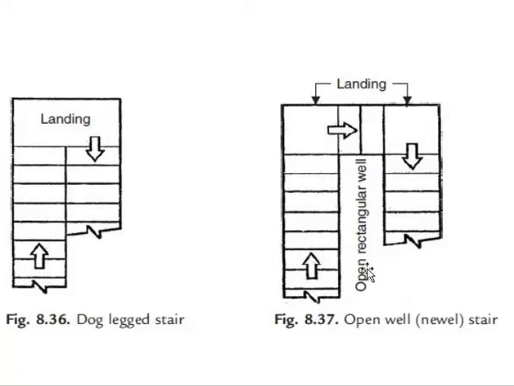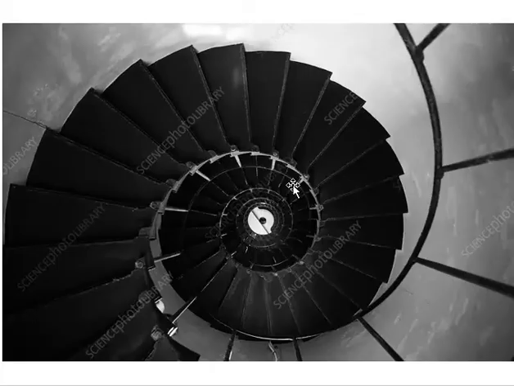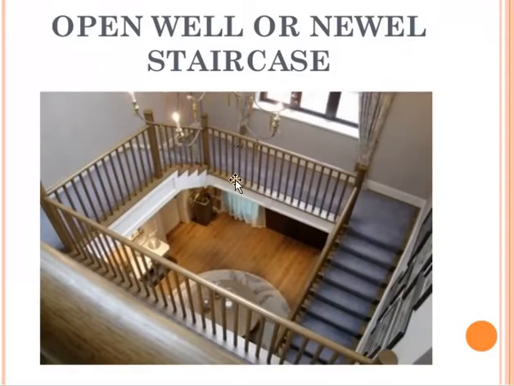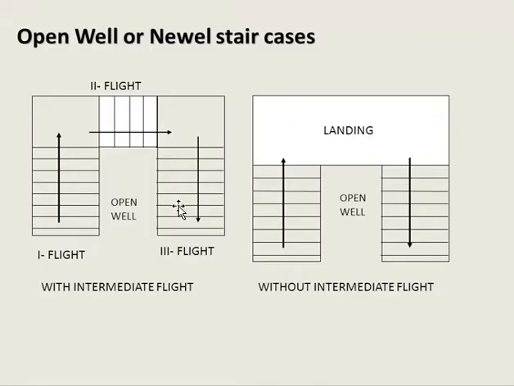All such stairs come under the open newel type of stairs, and this opening that we provide here could be of any shape, either rectangular or circular. That depends upon how we want the open well to look. It could also be in the form of this big rectangle, or it could also have multiple flights.